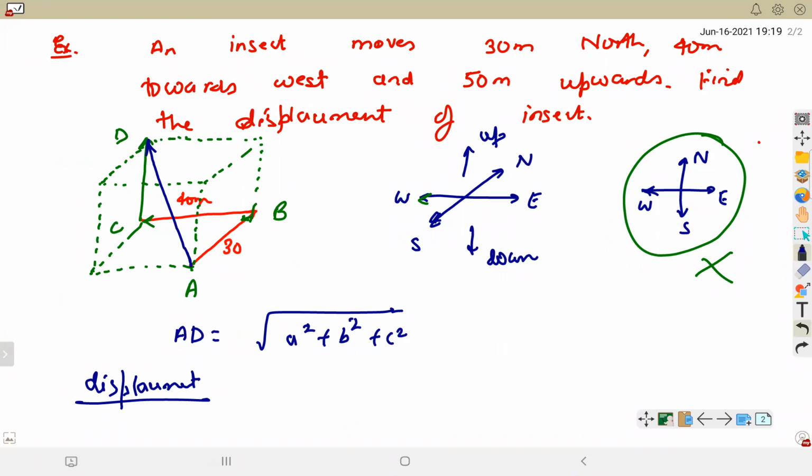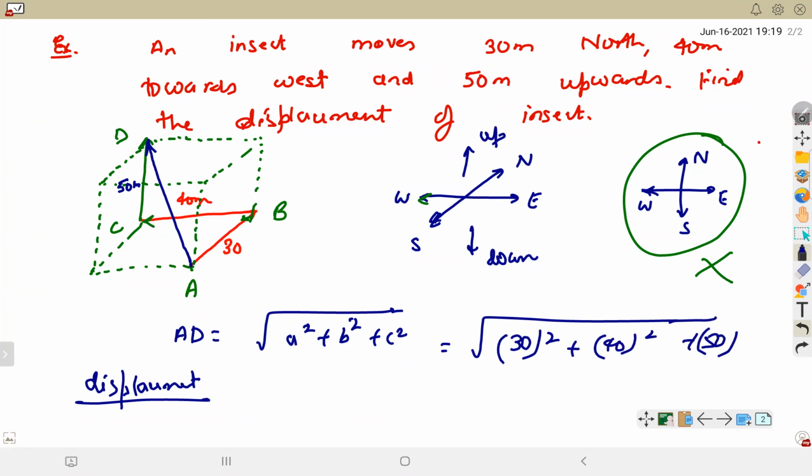So 30, 40, and then it is going 50 upwards. A is 30, B is 40, and C is 50 meters. So 30 square plus 40 square plus 50 square. And this on solving will become how much? 5,000. It will be 50 root 2.